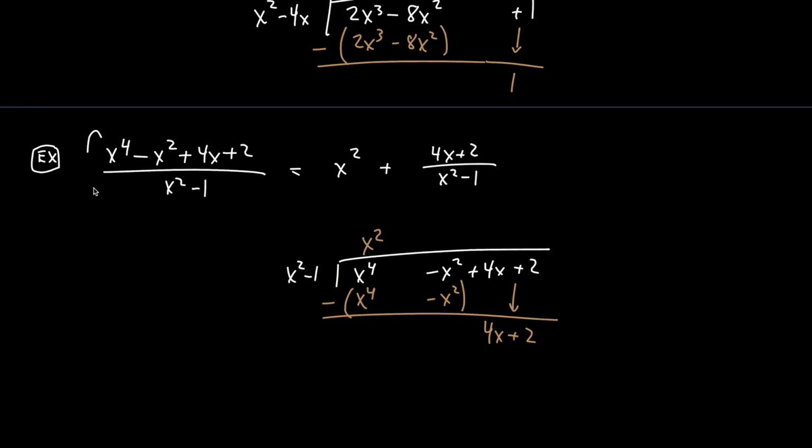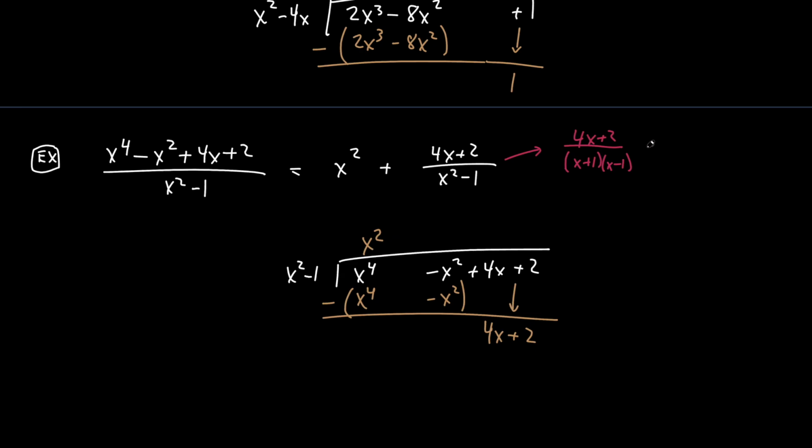Well, again, think about the integral. If I was integrating this, pretty ugly. Right? But if I was integrating this, x squared, super easy to do, power rule. And then this, a little bit trickier, but again, hopefully you notice that we could take this and just split up the denominator, right? So we could take 4x plus 2 divided by x plus 1, x minus 1.